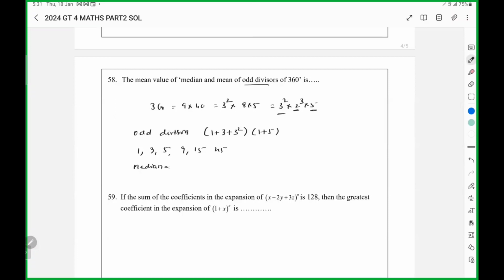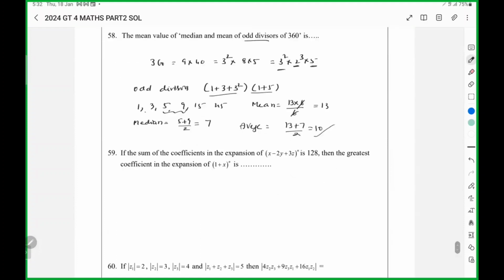Median is obviously, even numbers increasing order, 14 by 2, 7. And the mean will be sum of all these numbers, which is nothing but product of this 9, 12, 13 into 6, by 6 numbers. Average of mean and median, 10 is that.